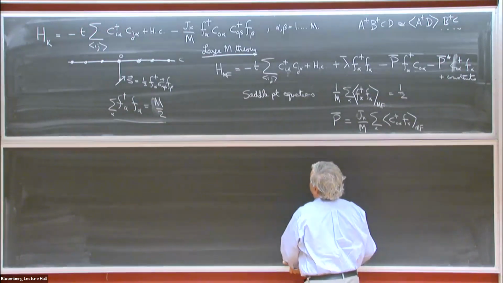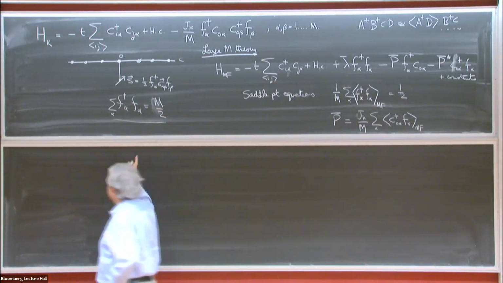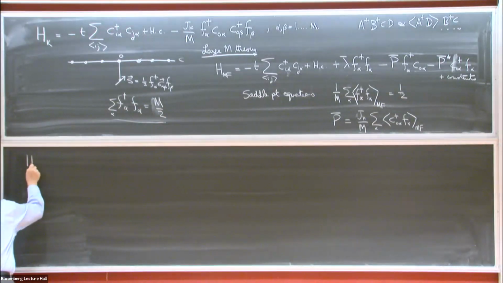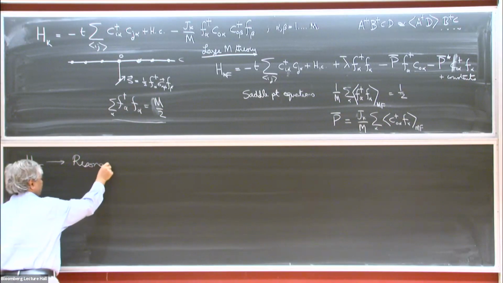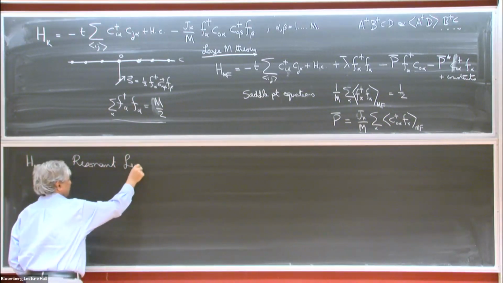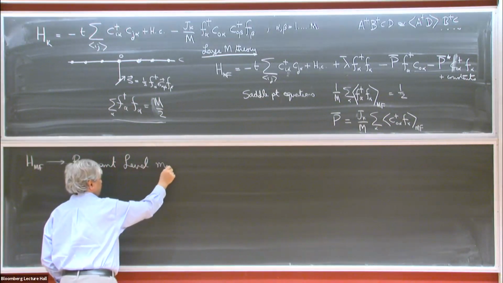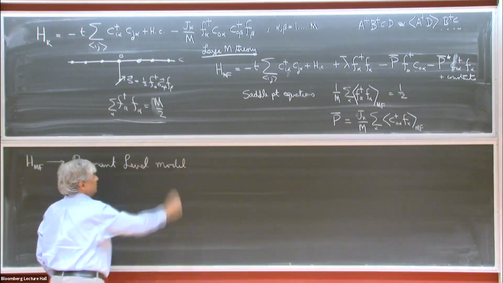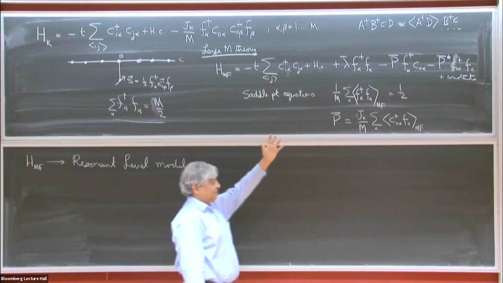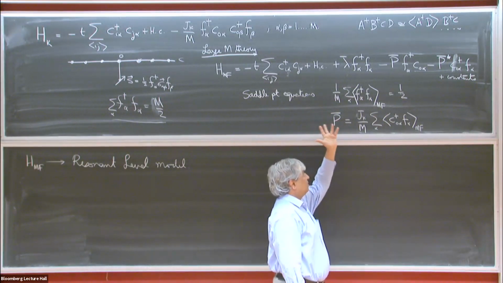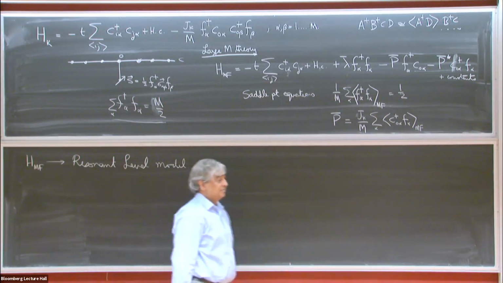All right, so first, let's just take the mean field Hamiltonian and think about it a little bit. This has a life of its own, and is sometimes called the resonant level model. Of course, this is in the context where all the parameters are just numbers not to be determined self-consistently.